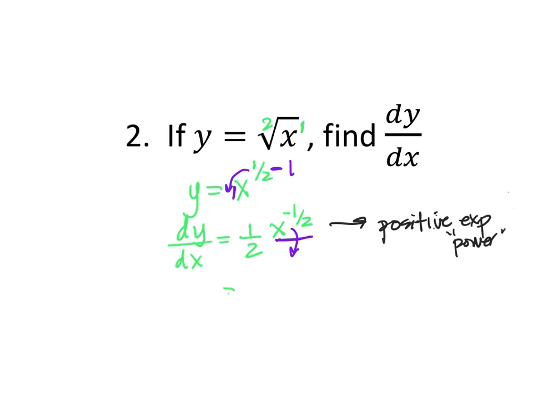So what we have is 1/2, 1 over x to the 1/2. What's happening between those? They are being multiplied. So the more efficient mathematical communication way to write that is 1 over 2x to the 1/2. There's one more thing we could do. We could actually write it with the radical. All right, that's number 2.